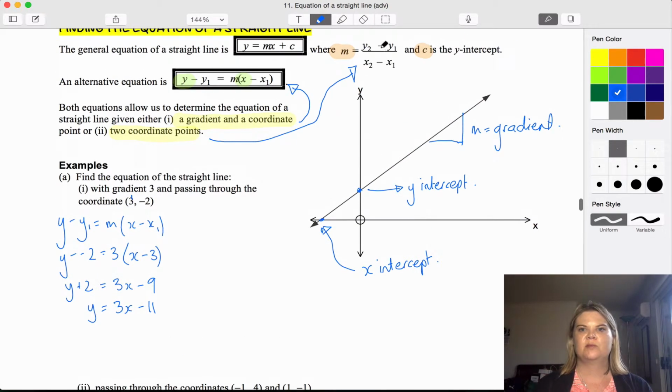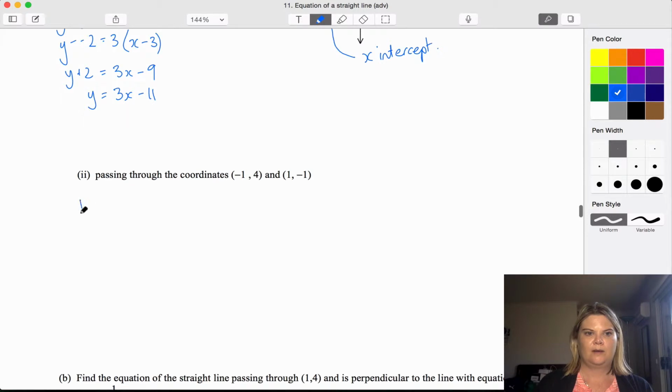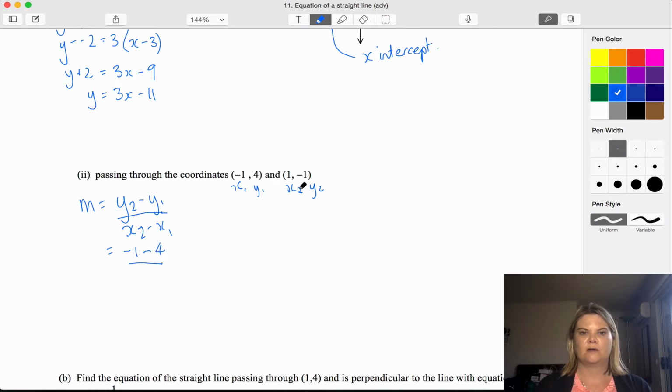If we've got two coordinate points, we need to first use this equation to find the gradient. m equals y2 minus y1 over x2 minus x1 equals, okay, need to label these so I don't get confused, x1, y1, x2, y2. y2, negative 1, minus 4, over 1 minus negative 1.